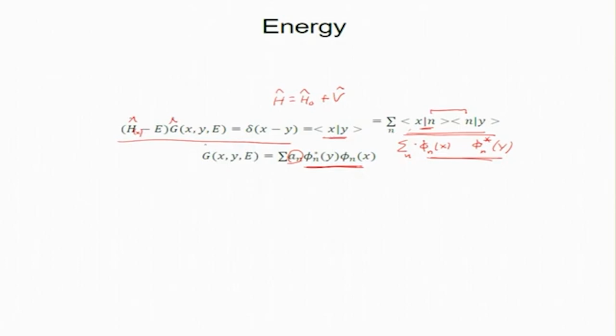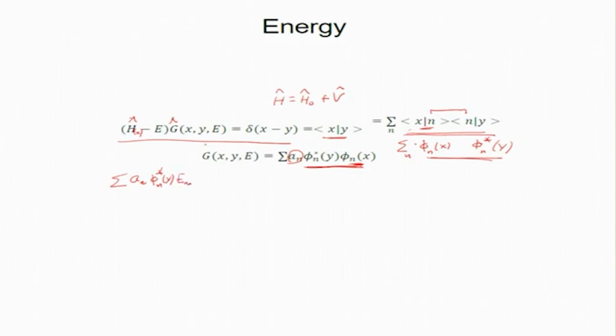When you substitute G, what will happen? H acting on G, what will it do? H is a function of x, so it will act on phi n of x. Let us write down H acting on G. It is going to be a n, it will not do anything to y, and H acting on phi n will give us E n.